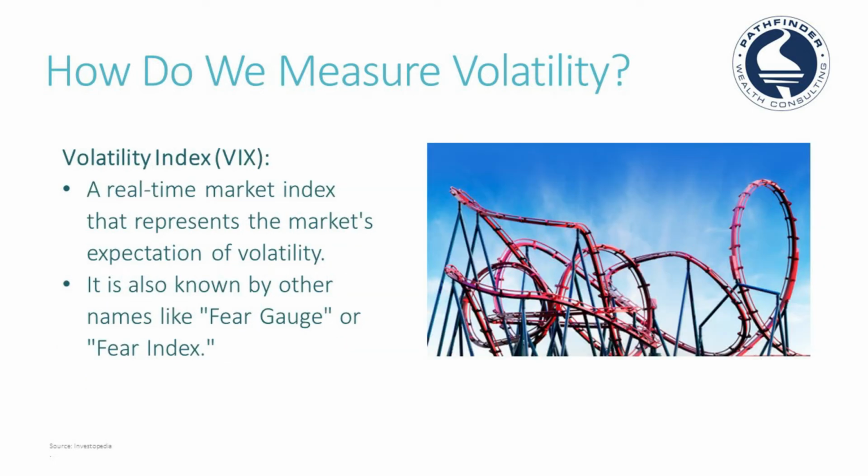Another way to measure volatility is something called the volatility index, or the VIX, as we commonly call it here. The Chicago Board Options Exchange created this index, and it's a way to measure the volatility in the market, or really the expectation of volatility in the market. It's also known as the fear gauge or the fear index. We track the VIX and compare that to historical data.